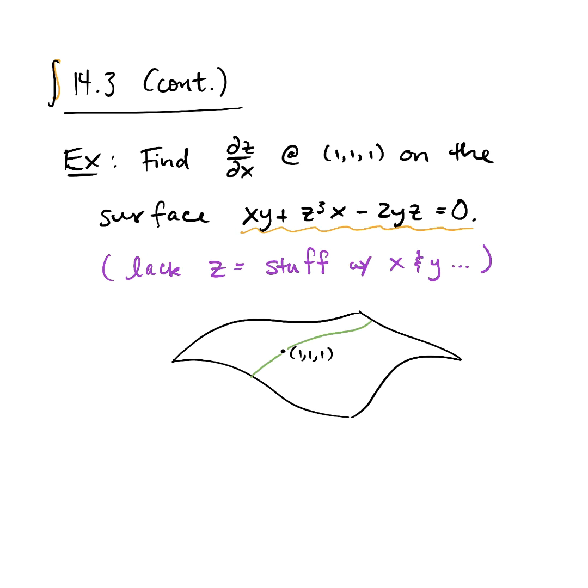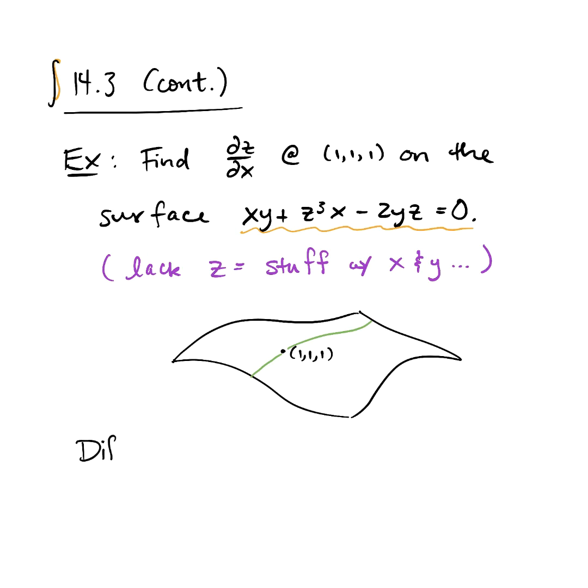So this example illustrates the idea of implicit differentiation. You guys probably learned implicit differentiation in Calc AB. If not, we're about to do it right now. So we're going to take the derivative of both sides of the expression.